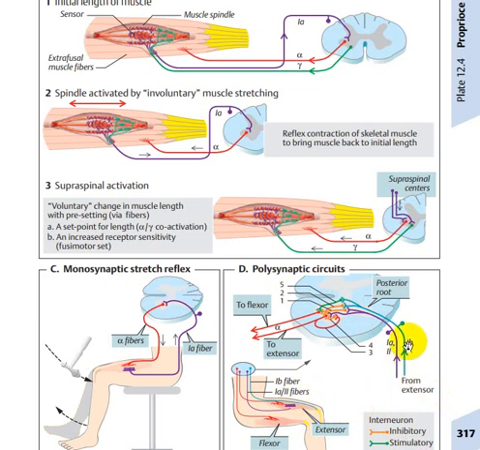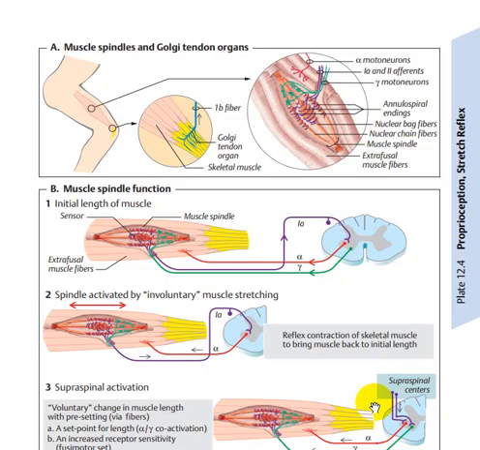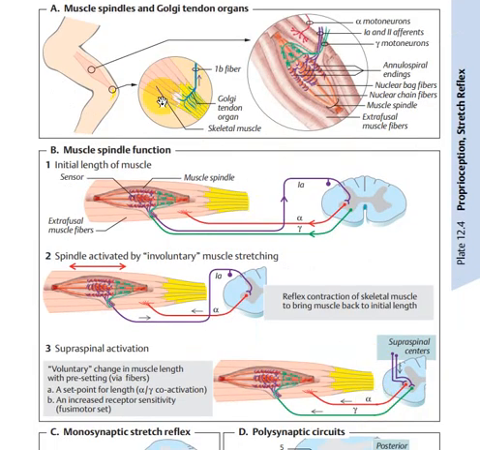Now let's say that you have instead an extensive contraction of the quadriceps femoris. What will happen is that the IB fibers, which are taken from the Golgi tendon bodies, are going to take impulses. You have the Golgi tendon bodies at the level of the tendon here, and you have the IB fibers which are taking the impulses.